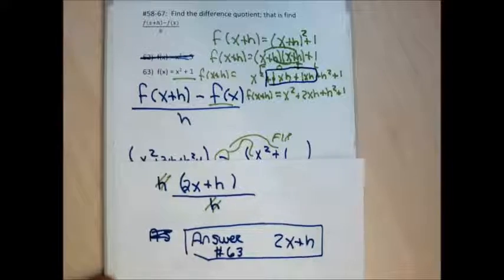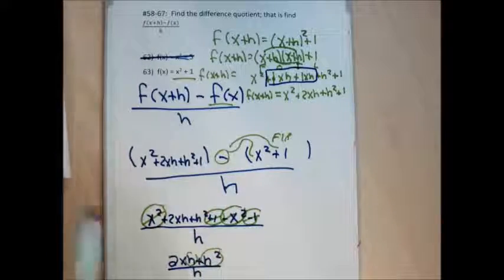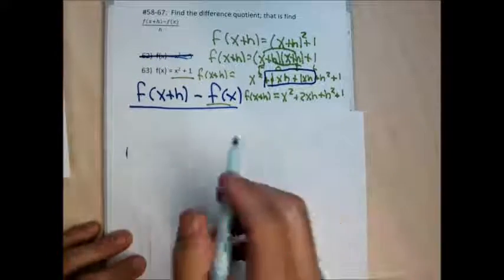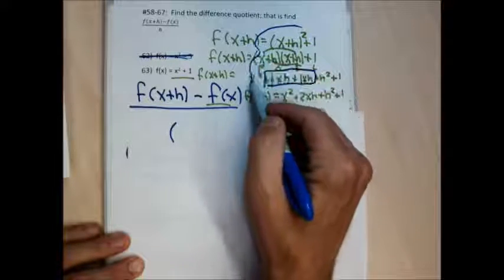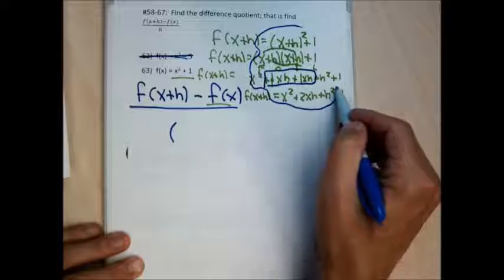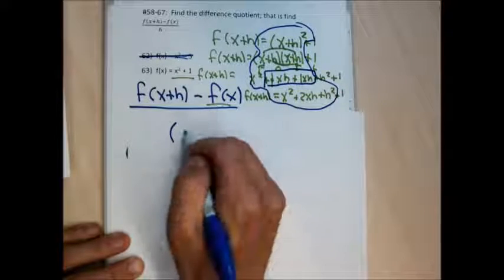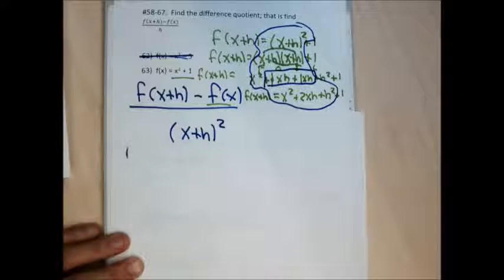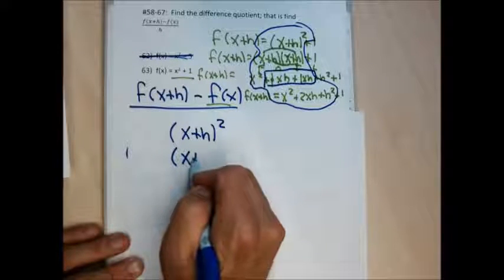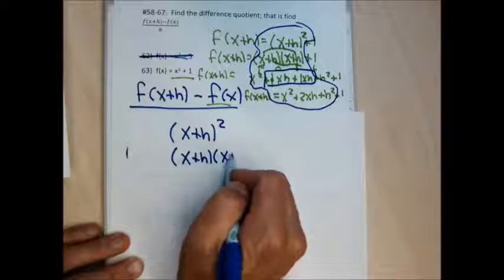In the next few problems, I'm going to need the very first bit of work I'm going to do here. When I started doing this work, this part of it, the x plus h squared, that I figured out using foiling, I'm going to need for the next two problems.